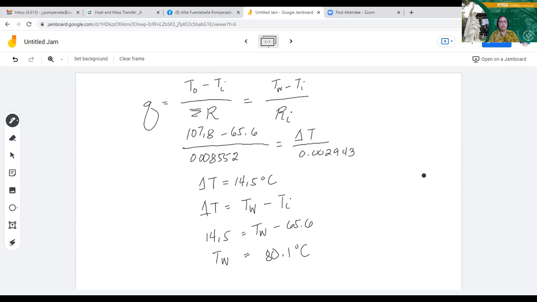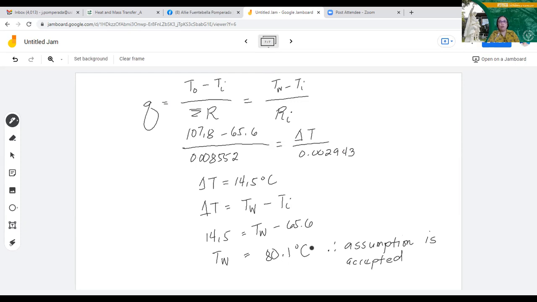Even if you solve the error here, it's very minimal. So for the assumption, I place here a conclusion: assumption is accepted. If not, you will have to assume a new temperature again, determine again mu sub W, determine again h sub i, determine again R sub i, and determine everything. So the summation of R will be changing as well.